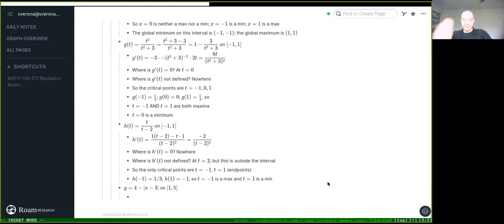So the first thing I would say is I want to go back to the definition of what absolute value is. And typically in calculus, we think of it as being defined as a piecewise function.